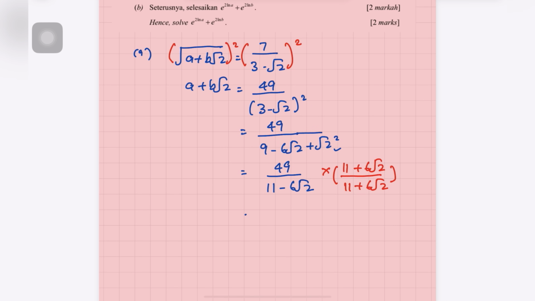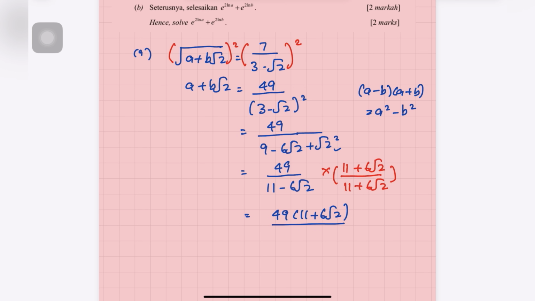So this one becomes 49 times (11 plus 6 root 2). For the denominator, we can use the formula (a minus b)(a plus b) equals a squared minus b squared. So this one becomes 11 squared.